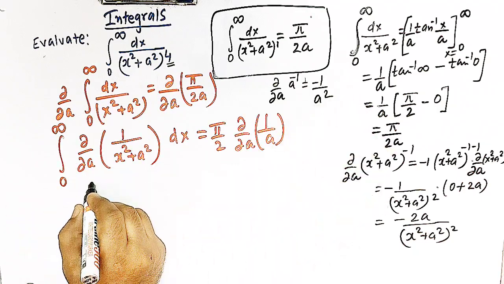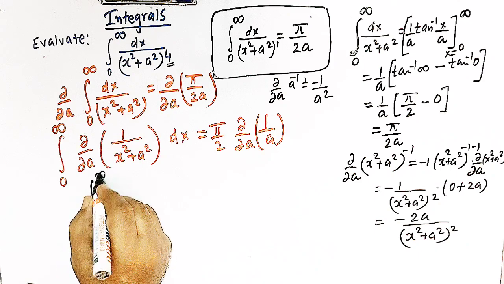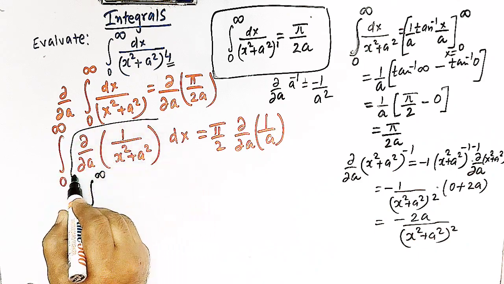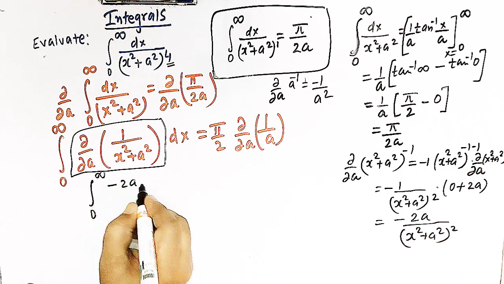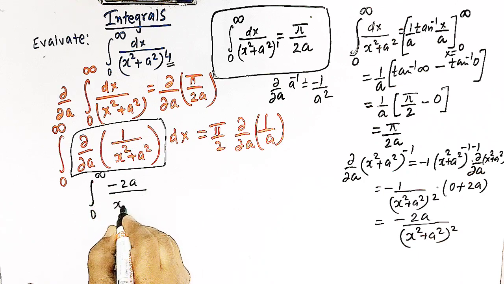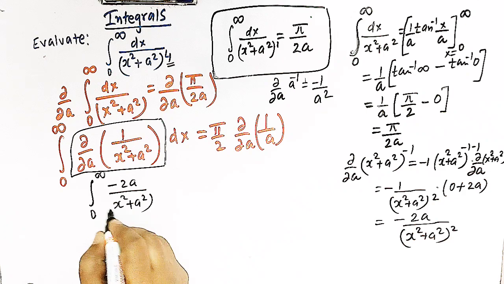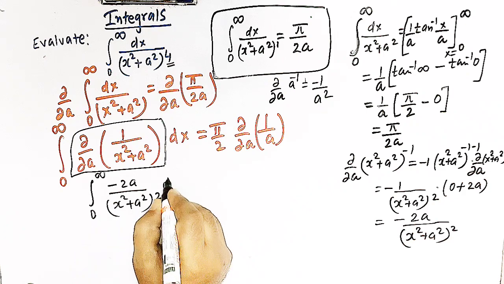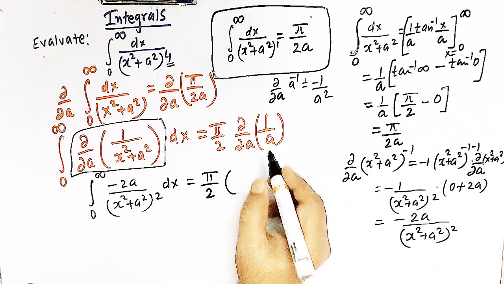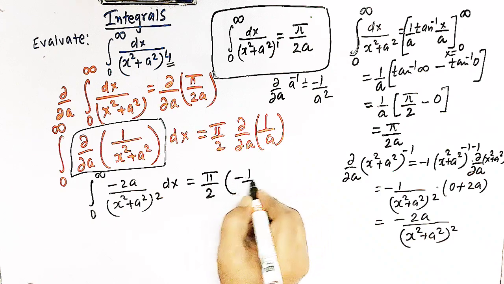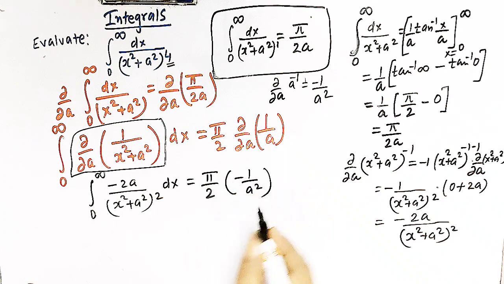So now we have this expression, 0 to infinity, and for this derivative we have here minus 2a, and then we have (x² + a²) whole squared. Here we have dx, and here we have π over 2, and here we have minus 1 over a², right?